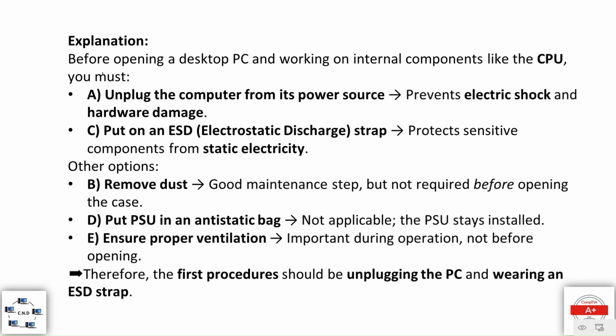And the explanation is, before opening a desktop PC and working on internal components like the CPU, you must do the following. Option A, unplug the computer from its power source, which prevents electric shock and hardware damage. And option C, put on an ESD, that is electrostatic discharge strap, which protects sensitive components from static electricity.